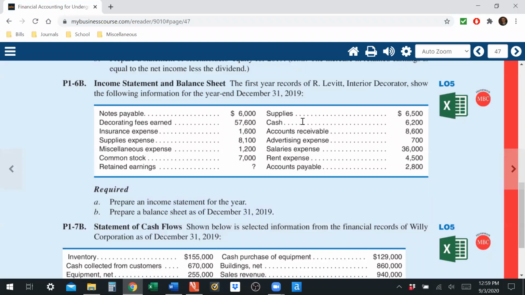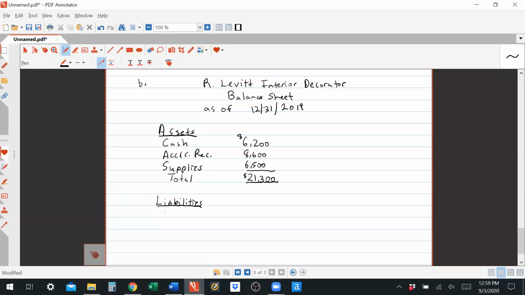Liabilities, we have anything with a payable. So accounts payable is 2,800 and then notes payable 6,000. I guess those are the only two. You might wonder what a notes payable is. We'll talk about that later. Essentially, it's just money we owe the bank for taking out a loan.